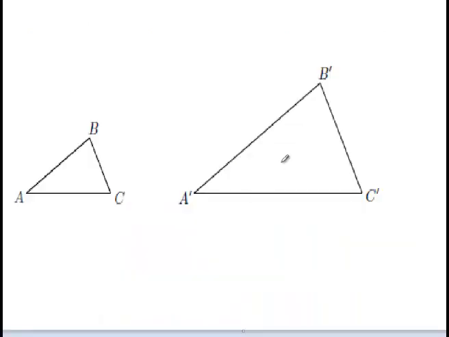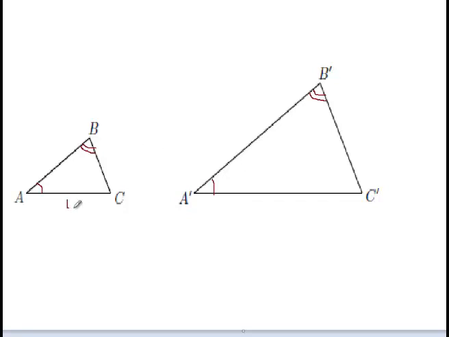So, for example, in this sort of set of similar triangles, if I tell you that angle A is equal to angle A prime and angle B is equal to angle B prime, I'll use one angle sign to denote equality of this angle, and 2 to denote equality of that angle. That means that these are similar triangles. It also means that C is equal to C prime, but it also means that the ratio of the sides are in proportion.